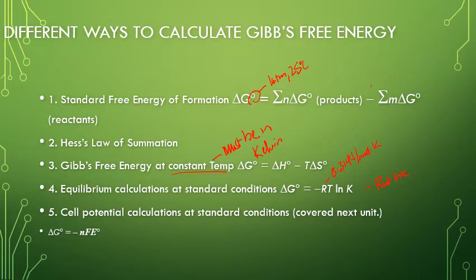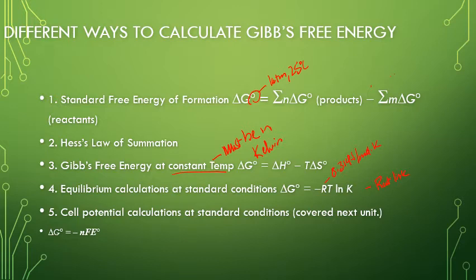The F is Faraday's constant, and then the E is the electrical cell potential, which we would look at from a standard list of values. So that is the fifth method. We will cover that next unit and wrap up the equilibrium concept and the thermodynamically favorable concept to the creation of batteries.